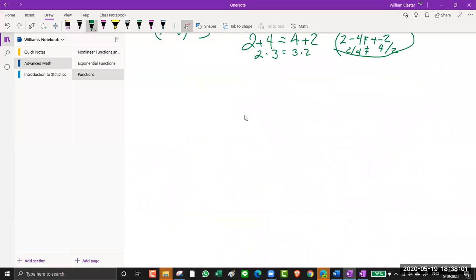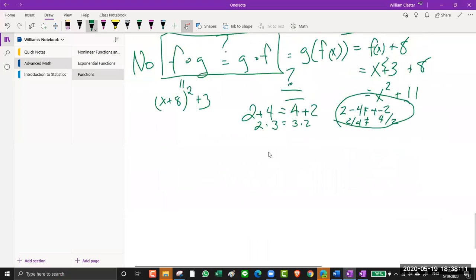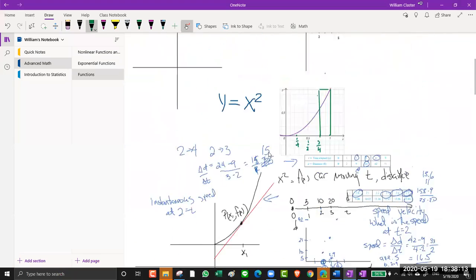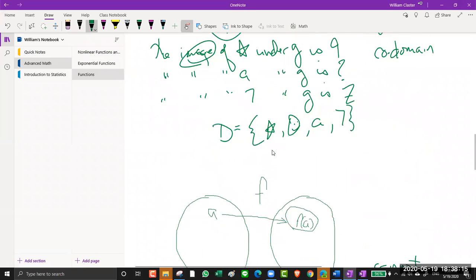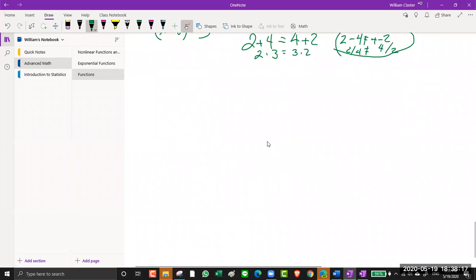Maybe I can't. No, it didn't work. Why not? Well, it seems like you should be able to paste in here.